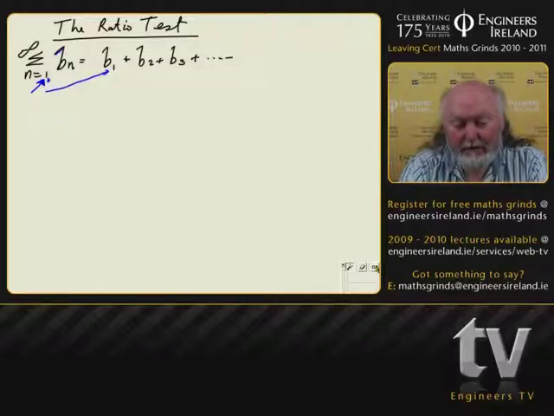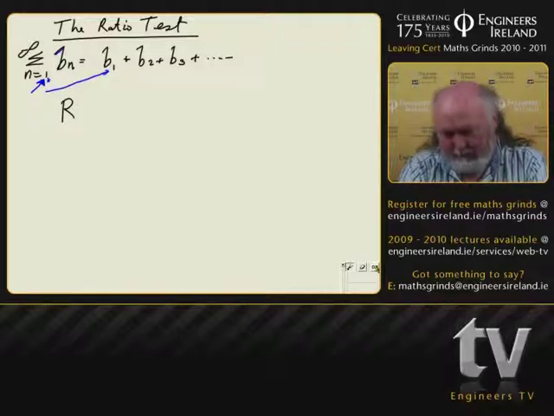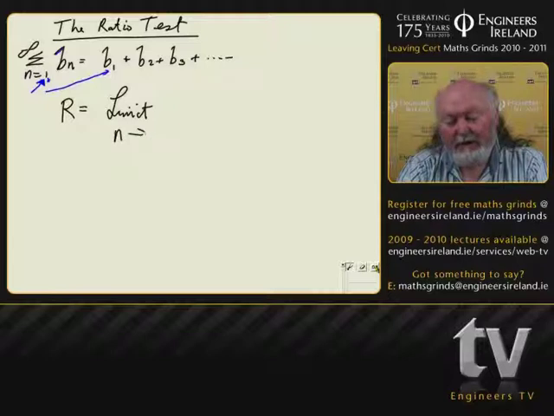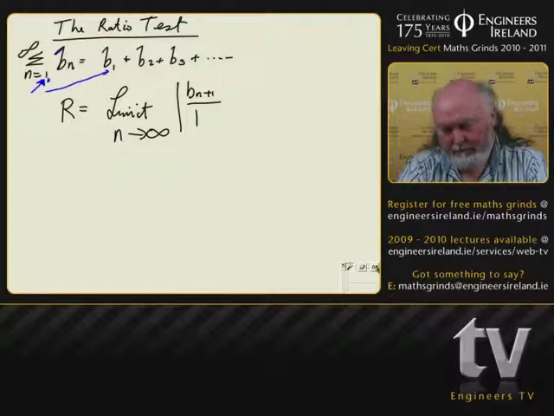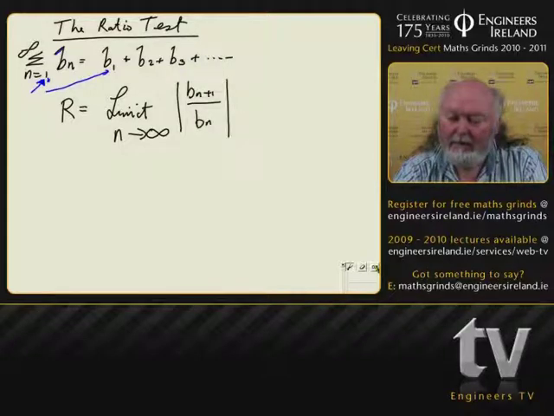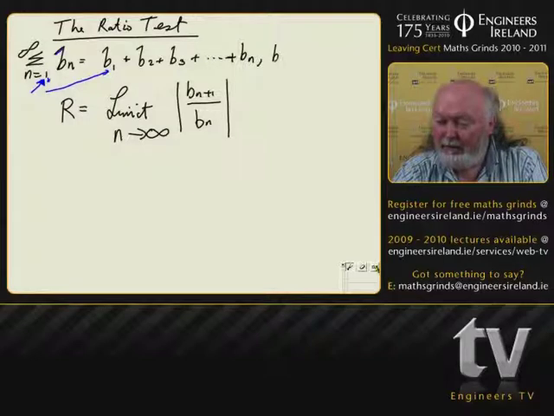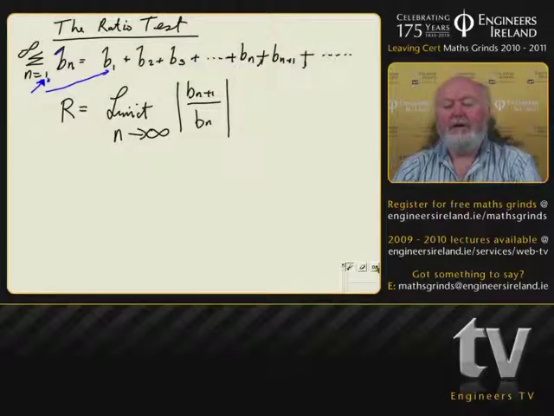What is our ratio test? R is the limit as n goes to infinity. We could have talked about over here there was a bn, the next one was bn plus 1, and on and on.